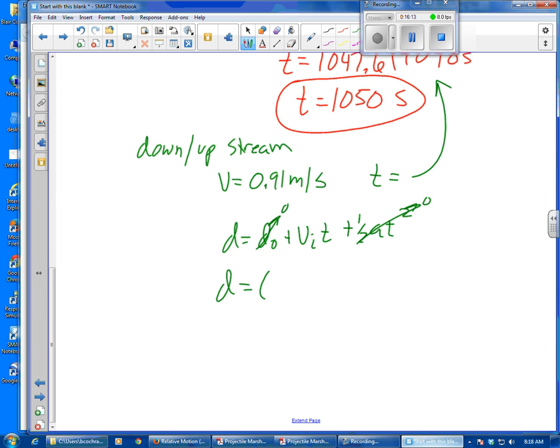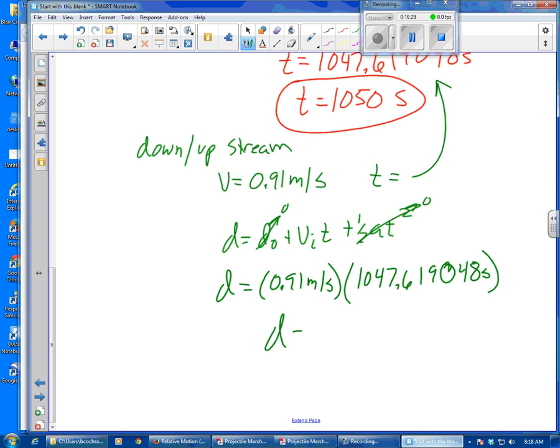So I can use my 0.91 meters per second and then put in my time of 1,047.6. I get an answer of 953 meters.